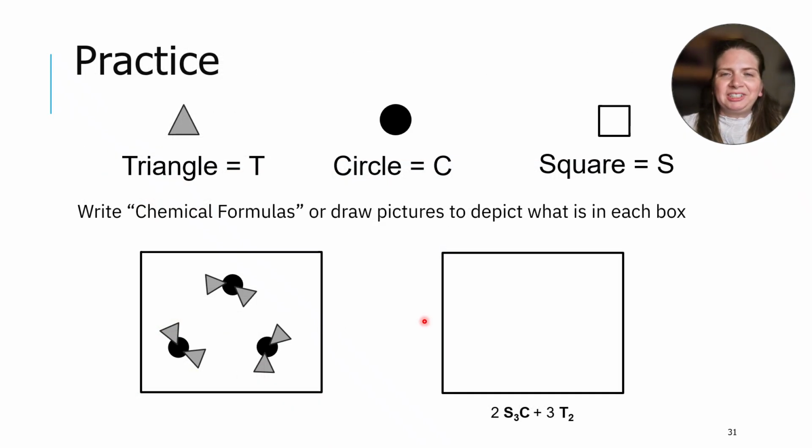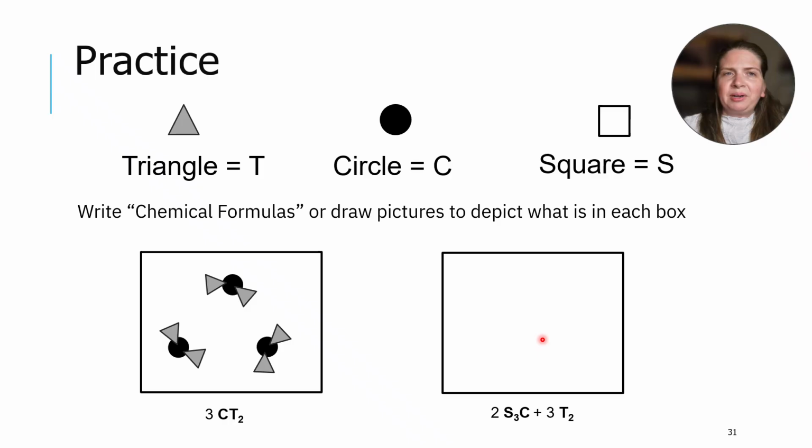Look at the 2 boxes below and provide the chemical formula or draw a picture to represent the chemical symbolism. The first box shows 3 molecules, each consisting of 1 circle and 2 triangles. This can be written as 3CT2, or if you wrote 3T2C, that is also okay.